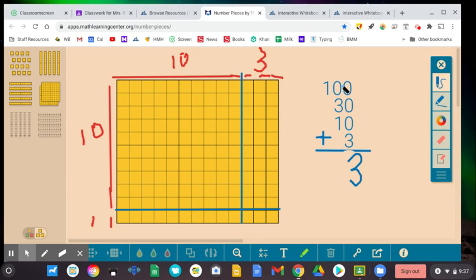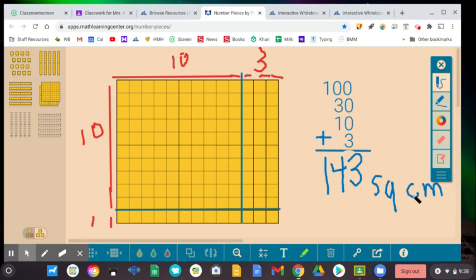Now we have a 0, a 30, and a 10. 30 plus 10 is 40. And then we have a 100 with no other 100s, which gives us an answer of 143 square centimeters, SQ CM.